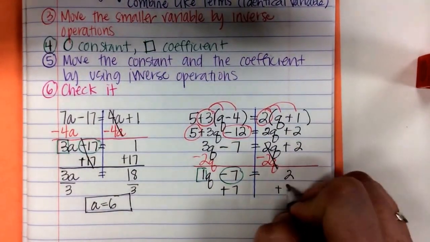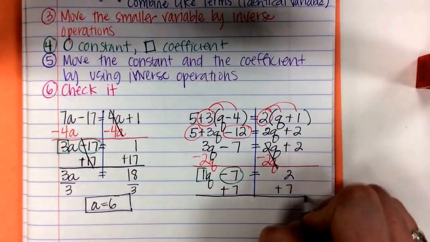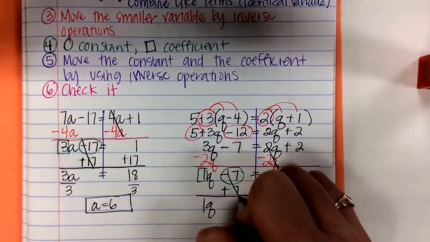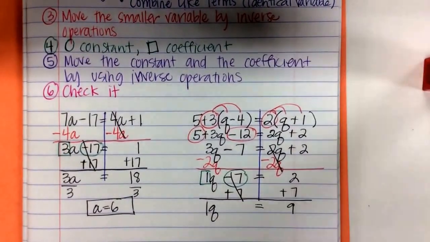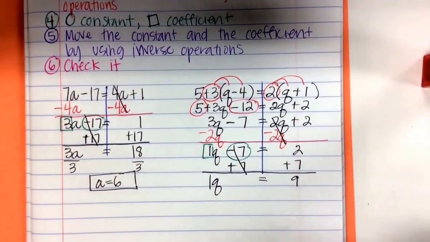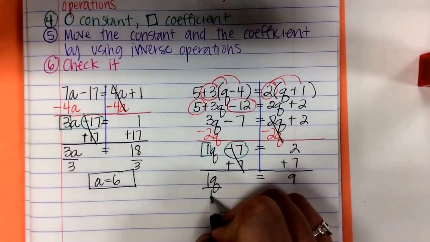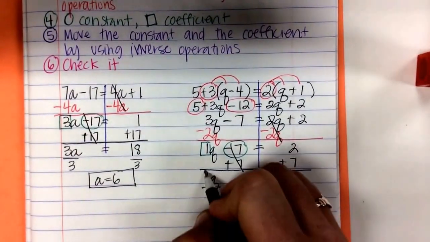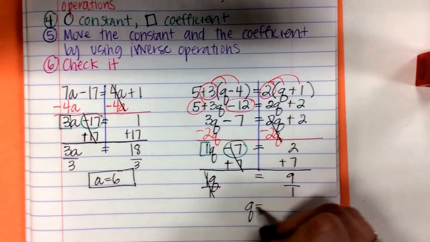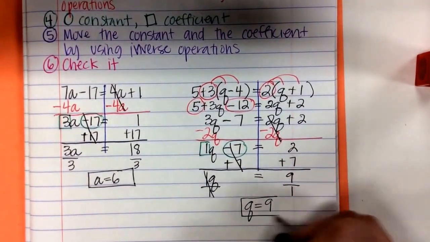add 7, 1Q equals 9. What's my last step? Divide by 1. Q equals 9.